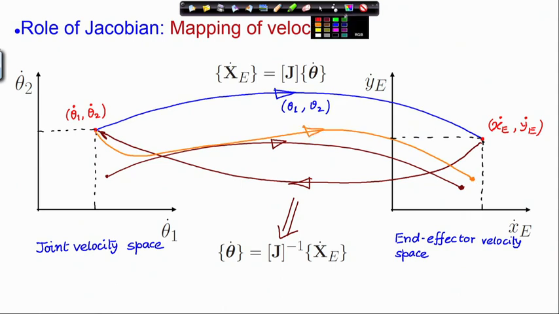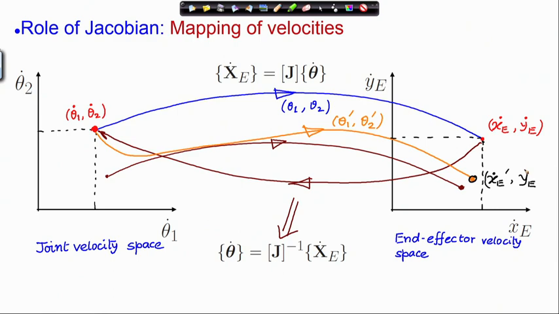So, I am keeping this point fixed, I am keeping the joint velocity point fixed. I have only changed the configuration of the manipulator. So, this is for theta 1 prime, theta 2 prime, and what I have is a new point in the end effector velocity space.